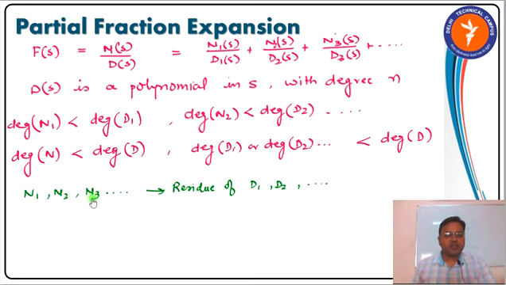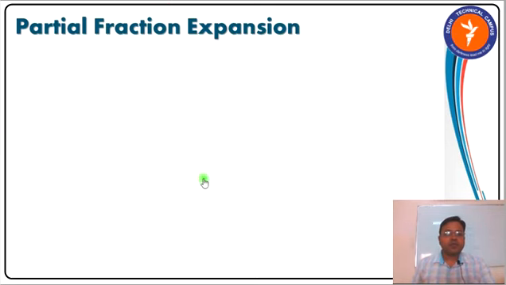These are termed the residues, and D1, D2, D3 are the factors of the polynomial D(s). They must be factors of D(s). If they are not factors of D(s), then obviously this cannot be decomposed into the lower fractions. Let us consider the first case.